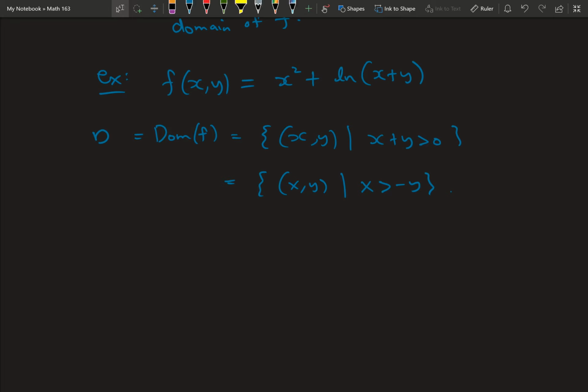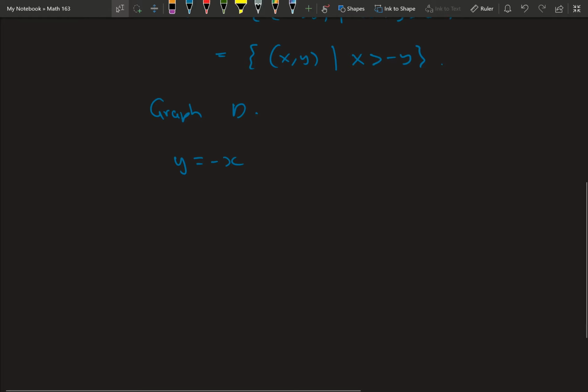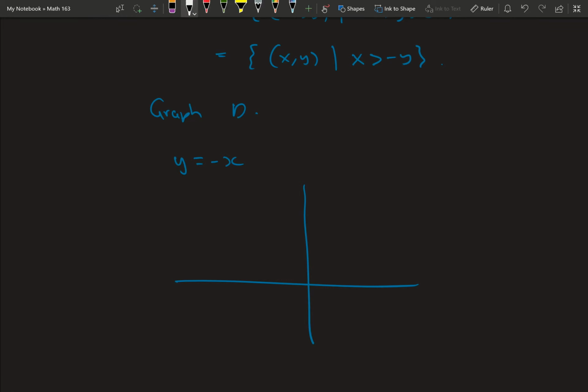So for example, let's just graph this one. Let's graph the domain D. So let's start by setting y equal to negative x. That's a line. So here's the line. Let's do this now with a different color. The line y equals negative x.